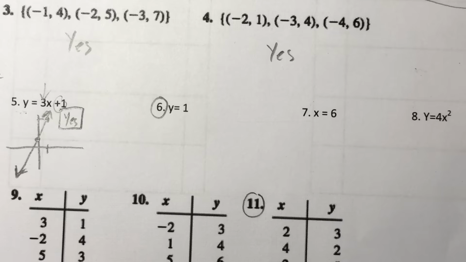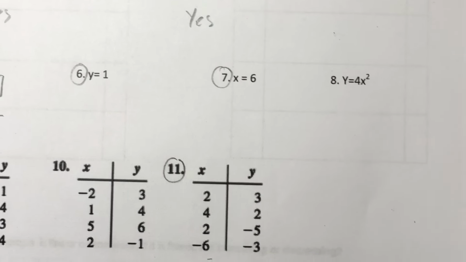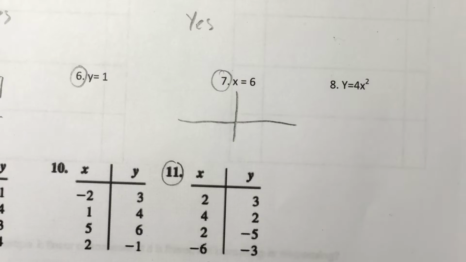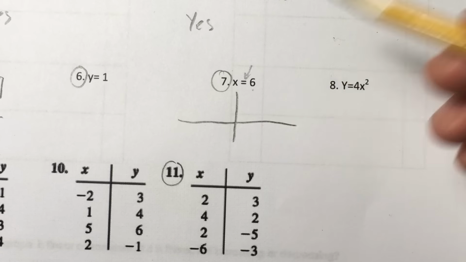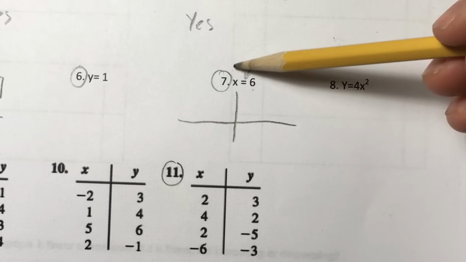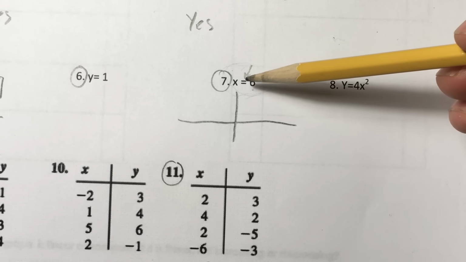Now, let's say we looked at number 7 and did the same thing, we can quick sketch a graph. And we wanted to draw this line x equals 6. Now, we did this in the do now last week, but as a reminder, this is the line where every x value on this line is 6.